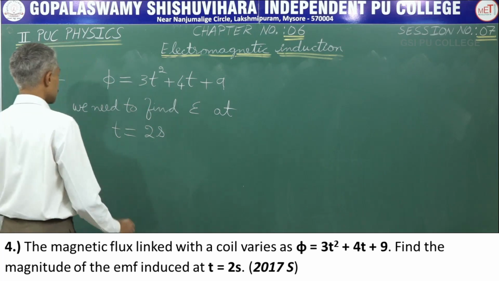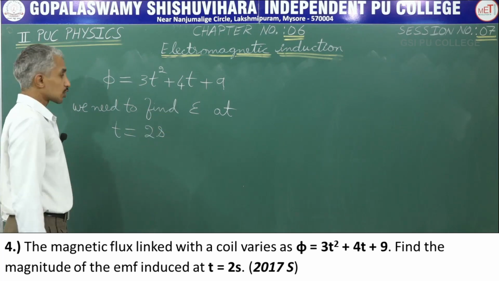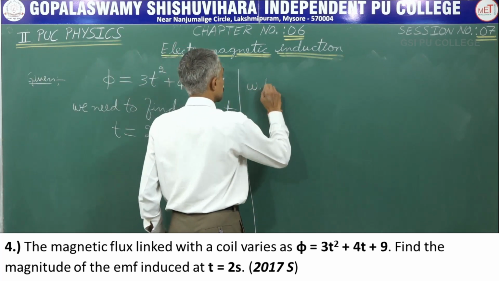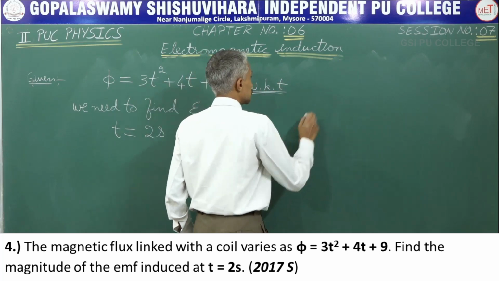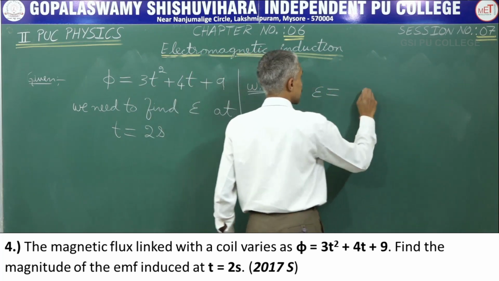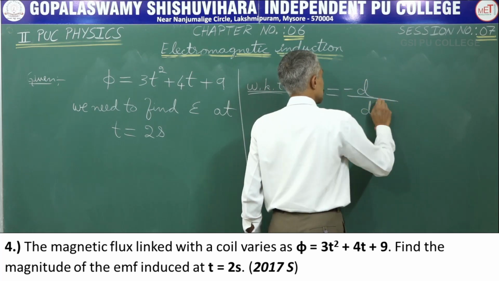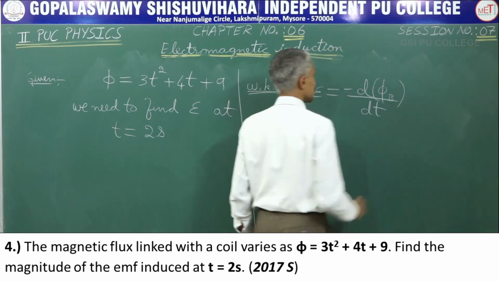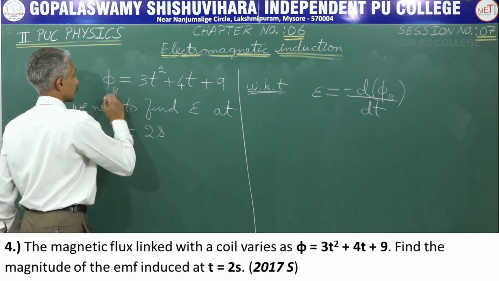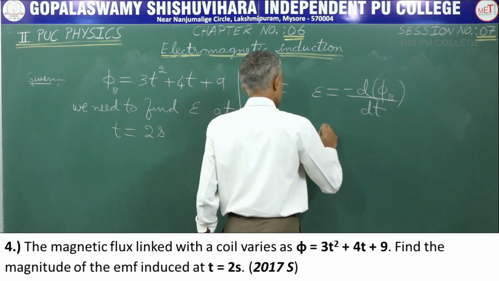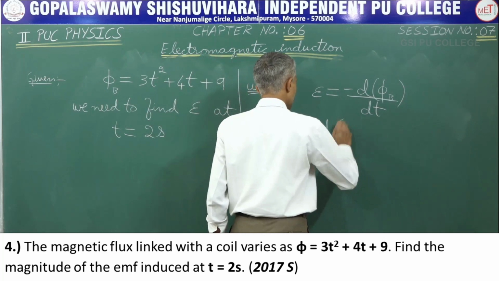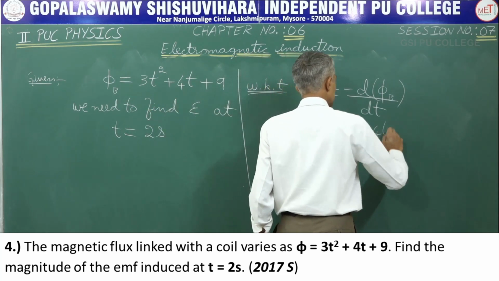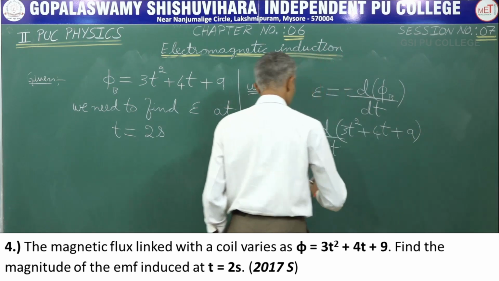So how do we find this? Use Faraday's law of electromagnetic induction. We know that the EMF induced epsilon is given by minus the rate of change of magnetic flux, which I can note down as phi b. So minus d by dt of, note down the equation, 3t square plus 4t plus 9.